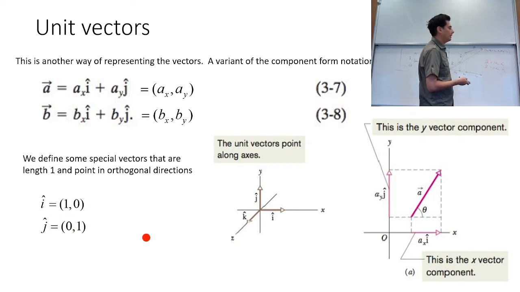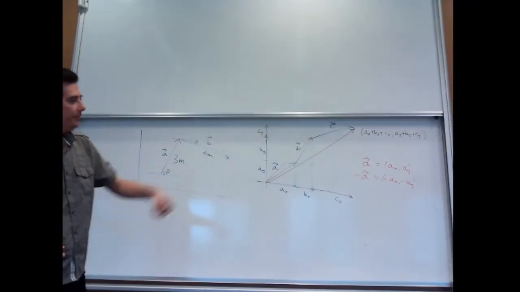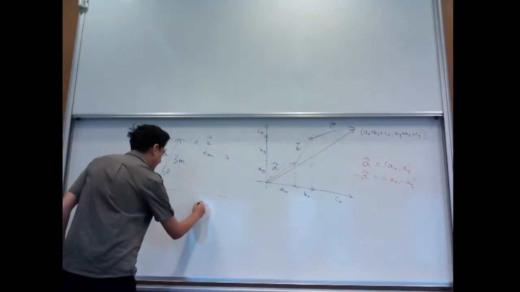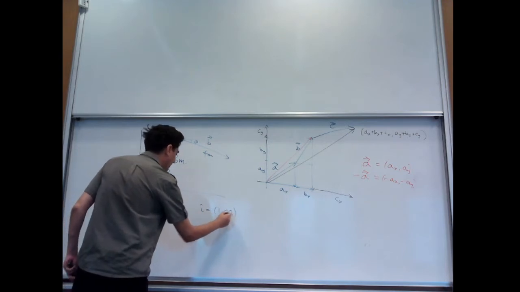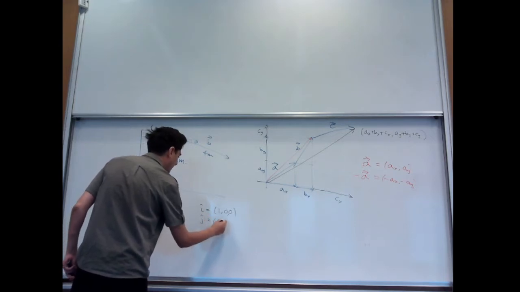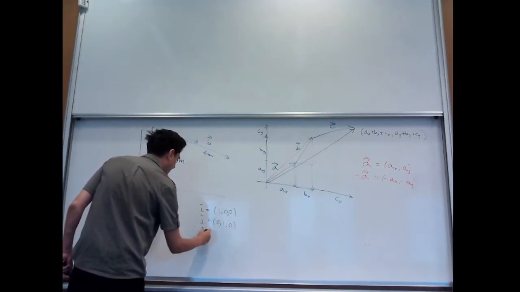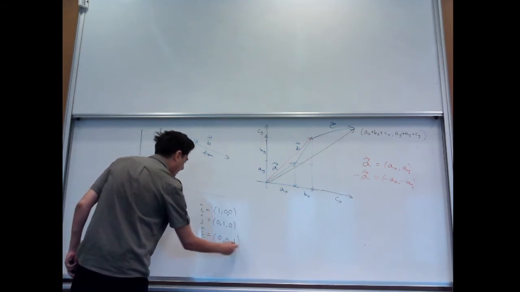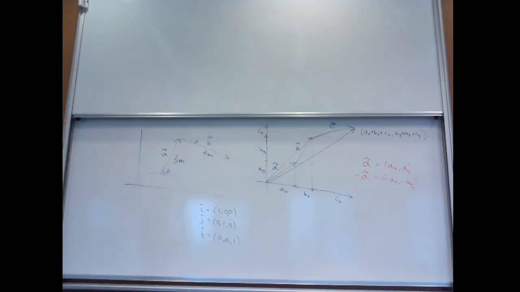For some reason I didn't write down k, but in 3D, that's the 2D version, the 3D version would be i, j, k. And k is the vector pointing along the z-axis, and it is length 1, okay?